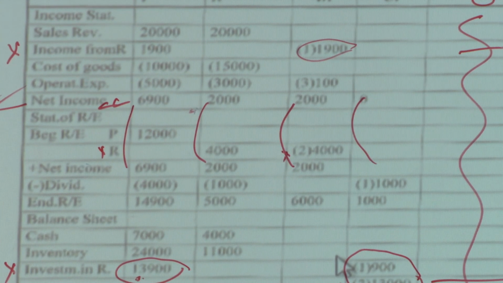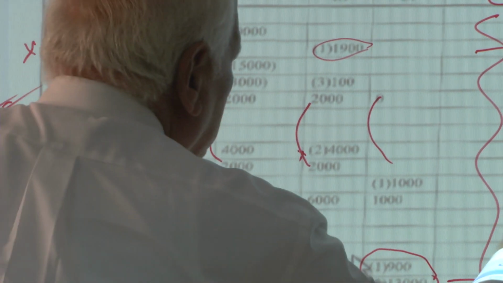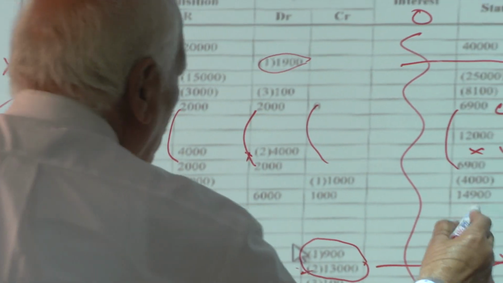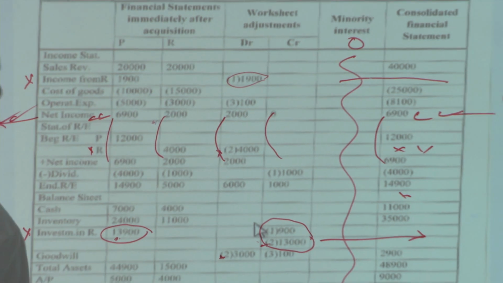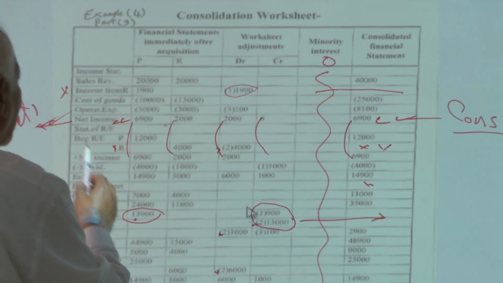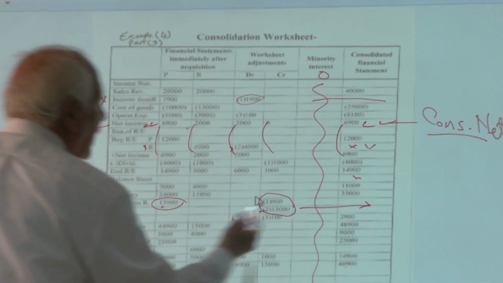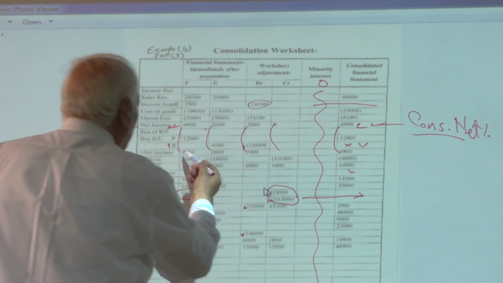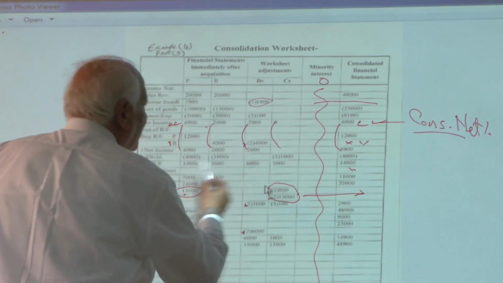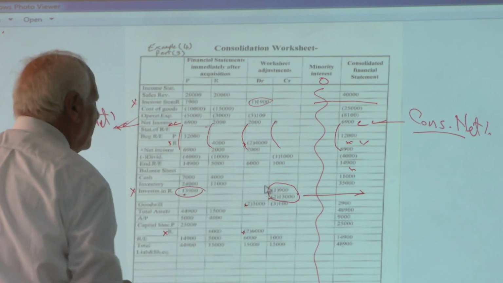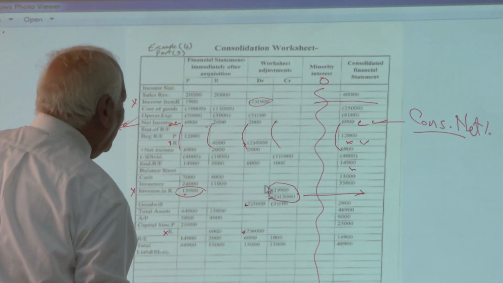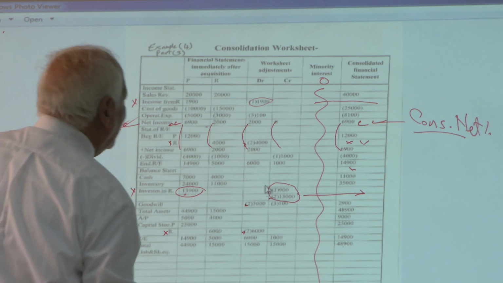This one here, we eliminated R. There is no R. What we're going to do here, I'm going to show only company B as a parent. Company B, they're going to show 6,900, yes. Going to show 4,000, yes. And 14,900, okay?